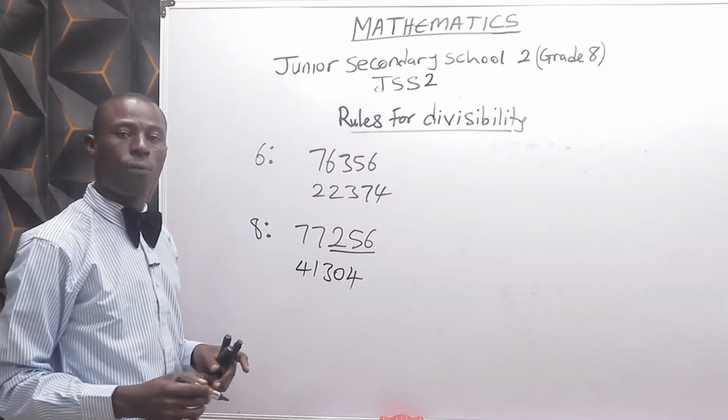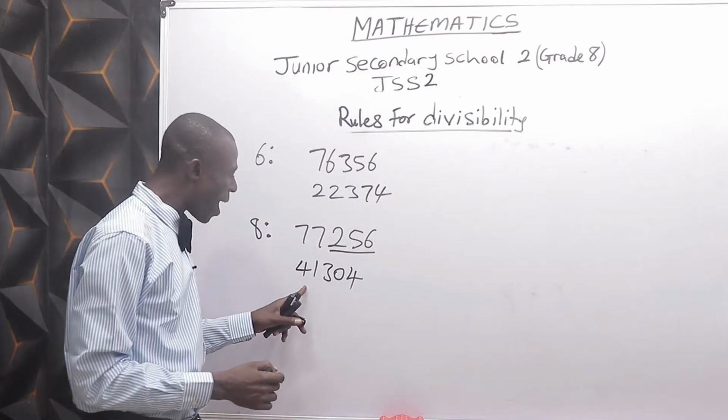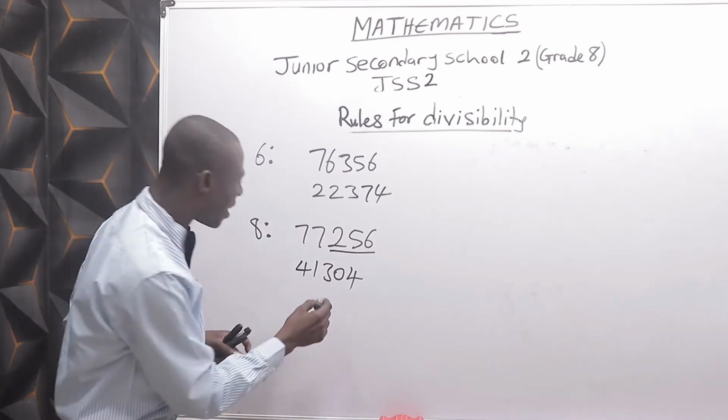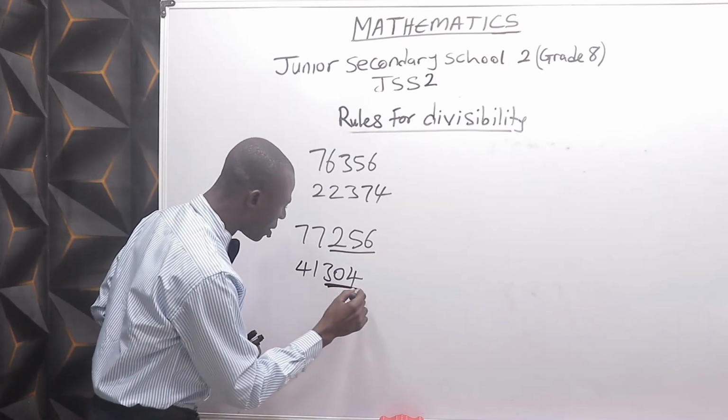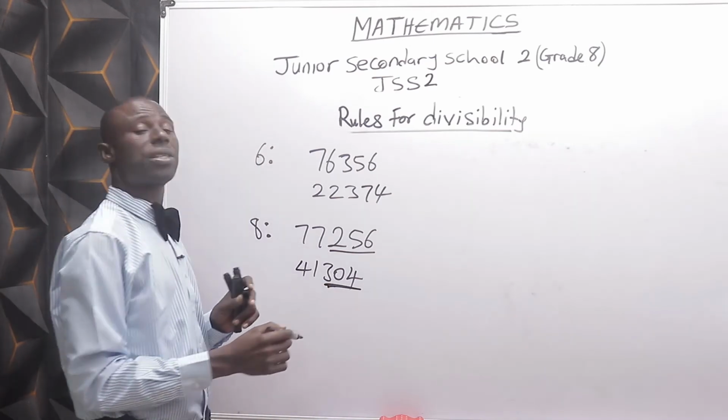Another number is 41,304. This number is also exactly divisible by 8. Why? The last three digits, which is 304, is divisible by 8.